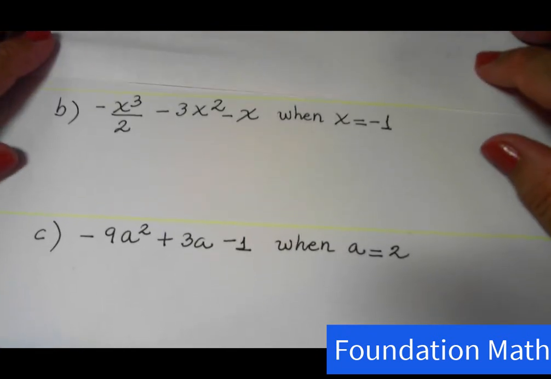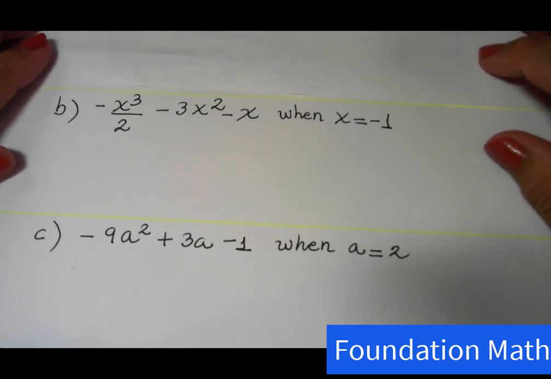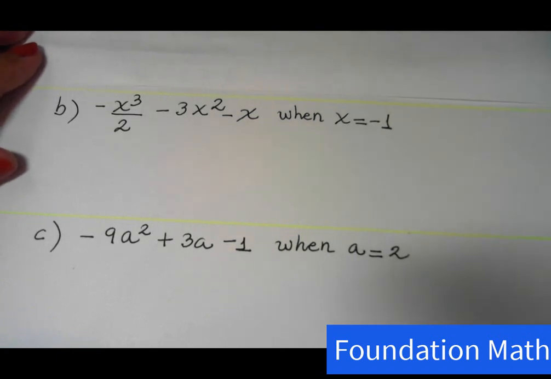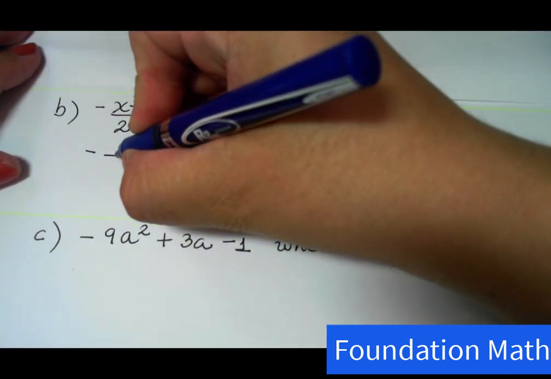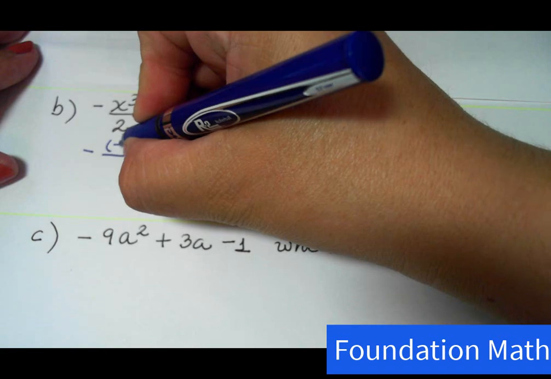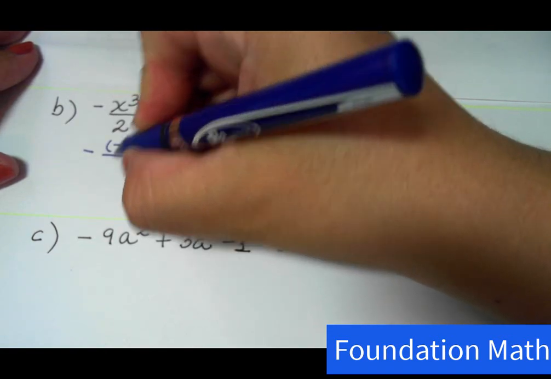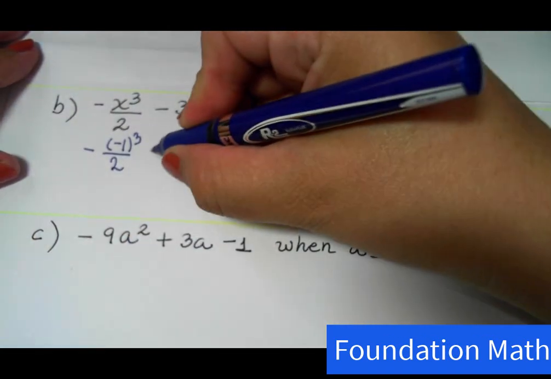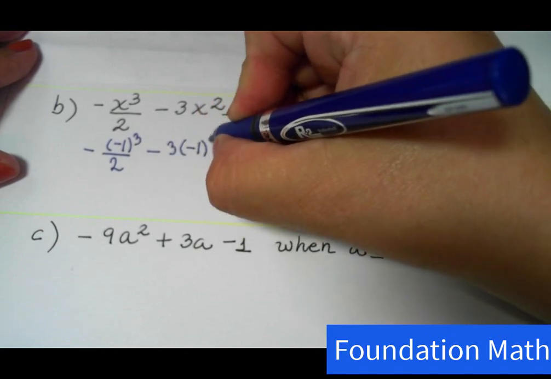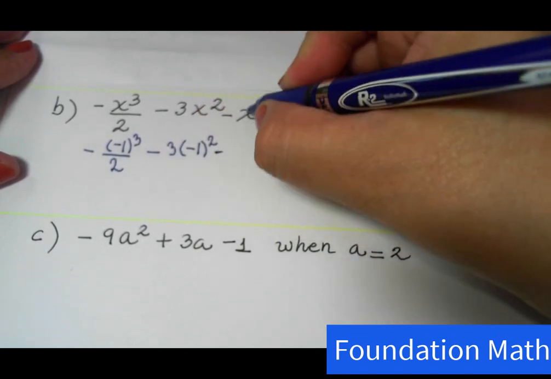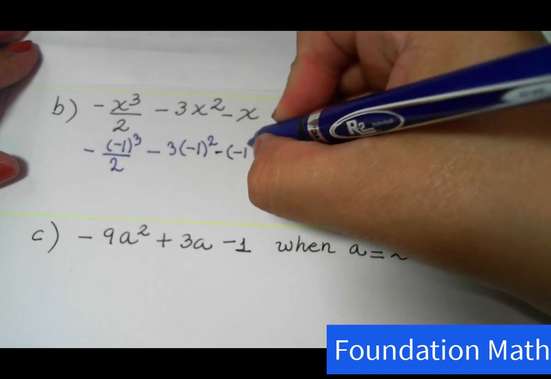Here we have b. We have to find the value of this expression when the value of x is negative 1. So in this case, again, I'm going to use the parentheses, negative, the fraction line, negative 1 cubed over 2, minus 3 times, again, x is negative 1, squared, minus, again, x is negative 1.